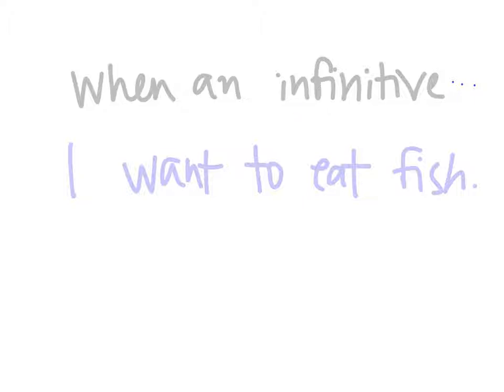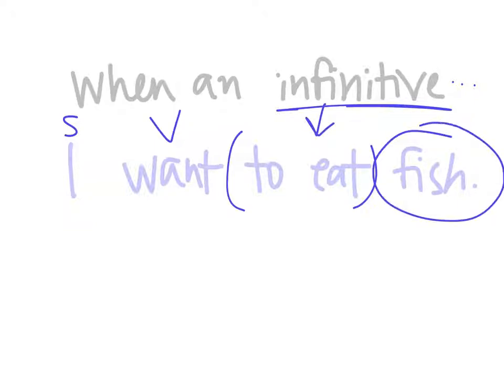This involves an infinitive, right? I'm sorry, I didn't finish writing the sentences. This is my subject. This is my verb. Well, to eat, this is an infinitive, right? We're still going to make this into the pronoun.